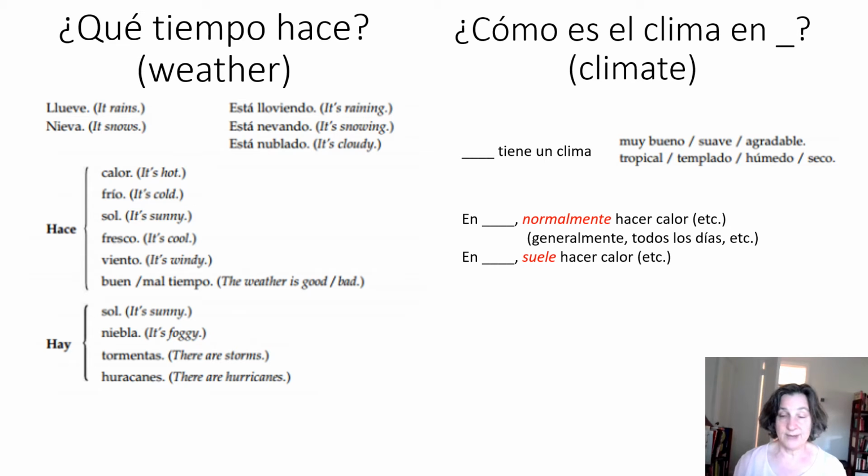Another way to talk about the climate, and this is very Spanish, is to use the verb soler, which means to usually happen. And you can say, en la República Dominicana suele hacer calor. It's a very nice Spanish touch. So aquí tenemos expresiones del tiempo y del clima.